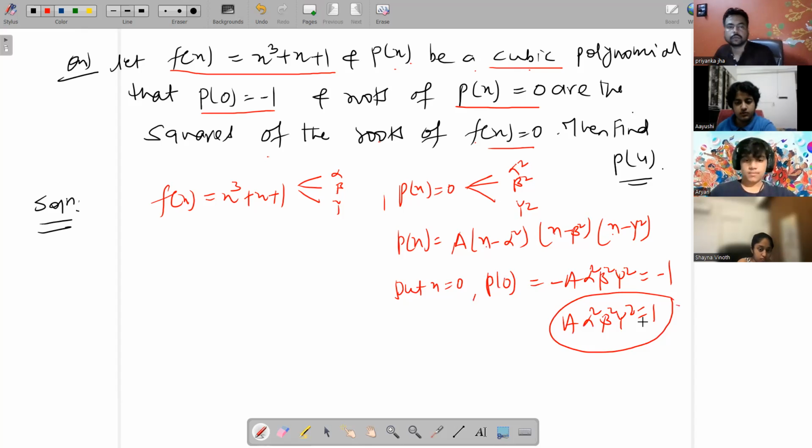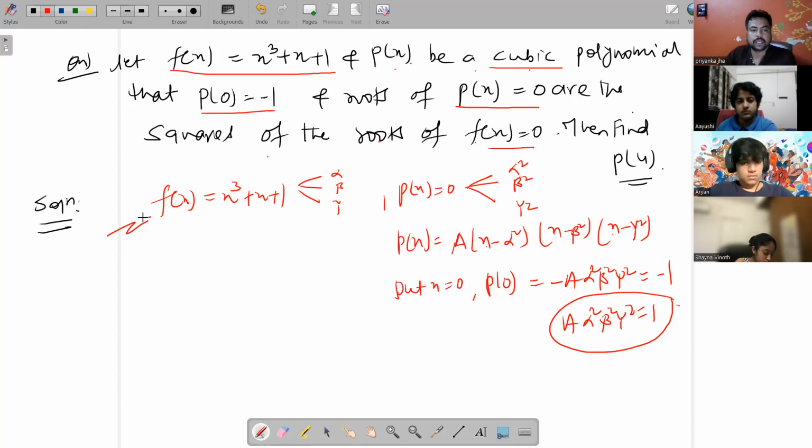Okay. Now we have to find p(4). To find p(4), we have to put x equal to 4 here, right? So what next can be done?